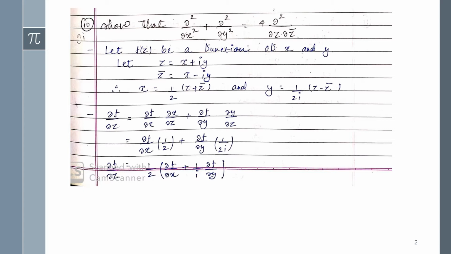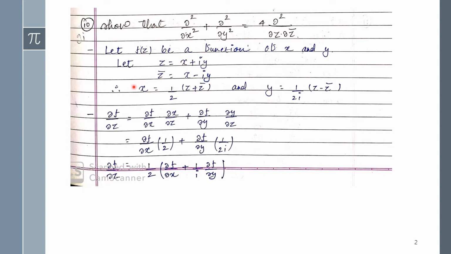Now here you have to prove LHS equals RHS, and you can see that 2 components are given, z and z̄. You know the values of z and z̄, right? So first of all I am using the condition z equals x plus iy and z̄ equals x minus iy.